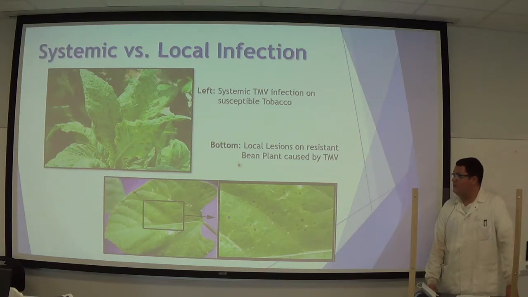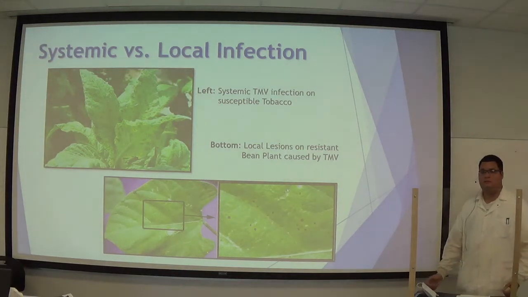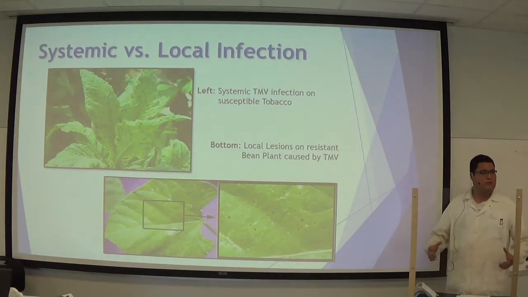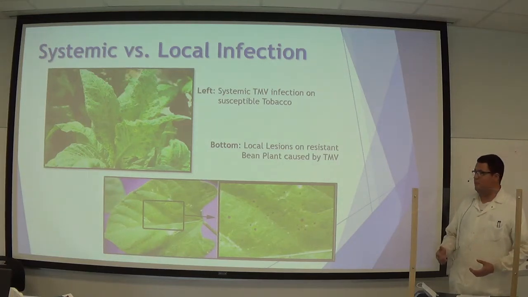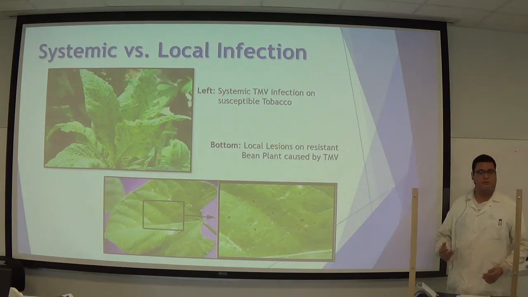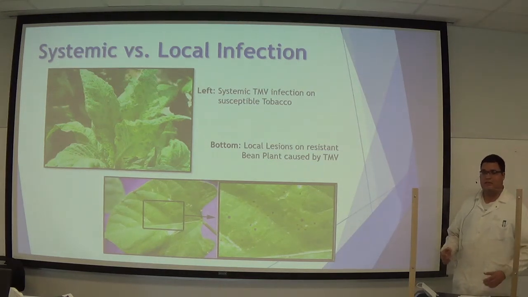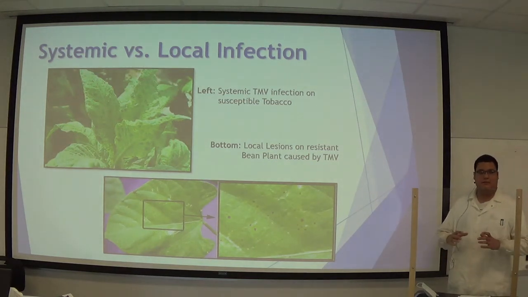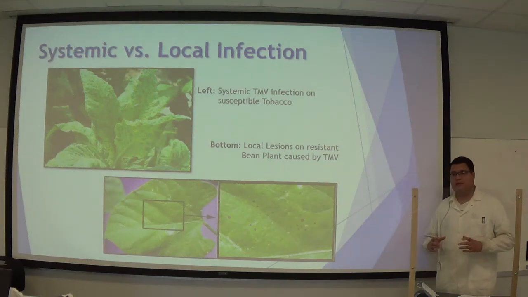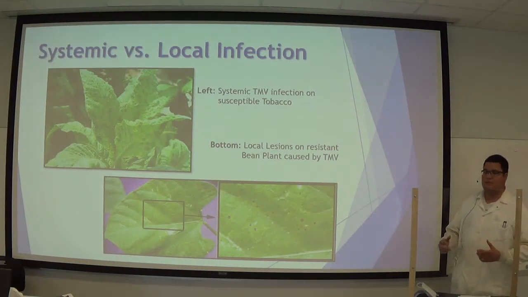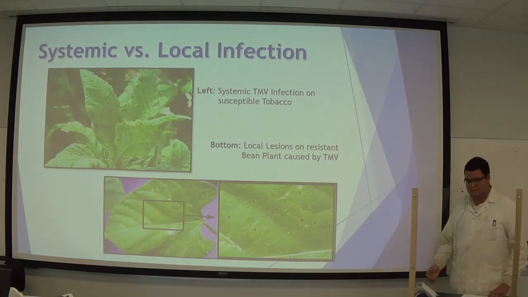Whereas local lesions are really only seen when a virus is contained, because a plant virus is always going to try to spread to other cells as it replicates. But if a plant is able to produce that hypersensitive response that we've been talking about the past few weeks, then the plant can kill those infected cells before the virus can spread, and therefore contain that infection and prevent it from being further infected.